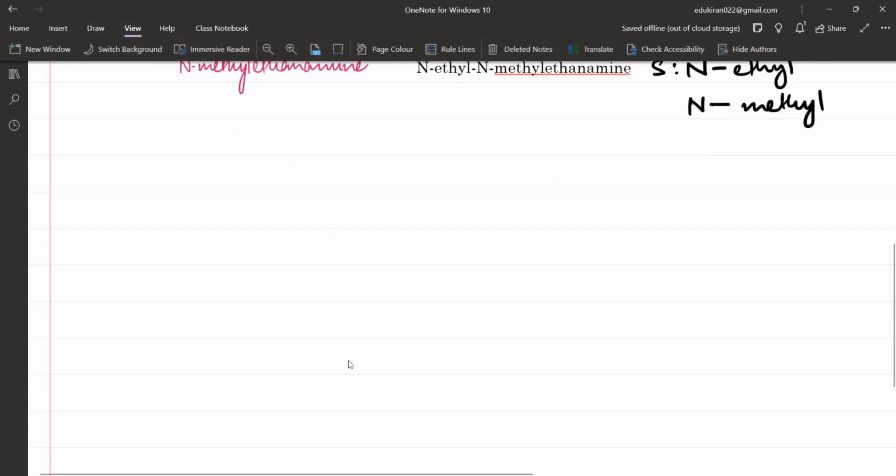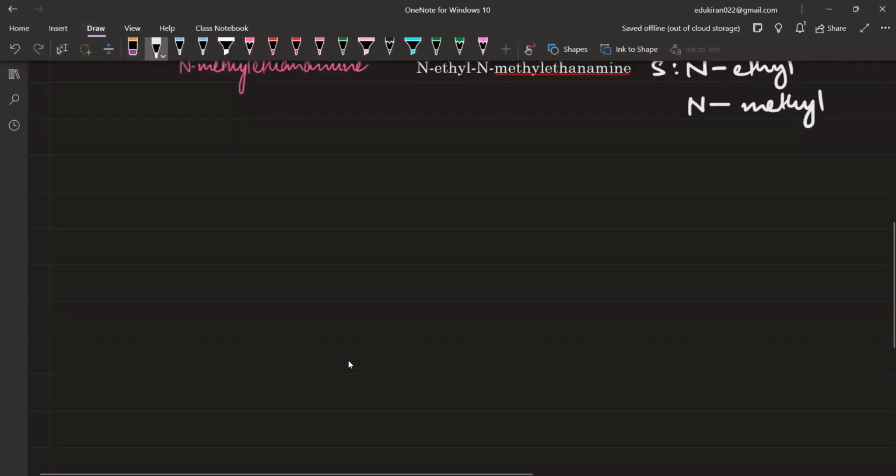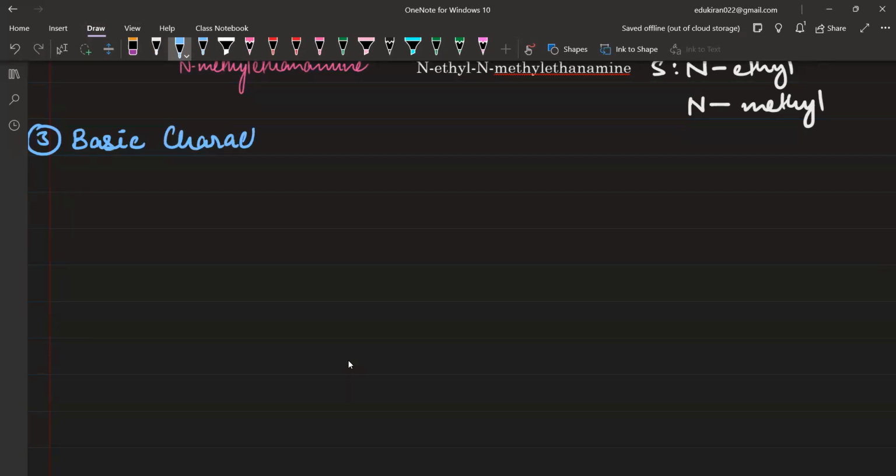Right, next, basic character. So the third property, basic character. Now why does it show basic character? Because amines have a lone pair of electrons on the nitrogen atom.